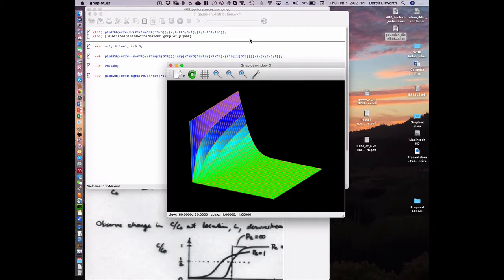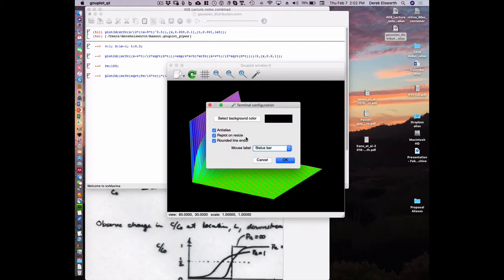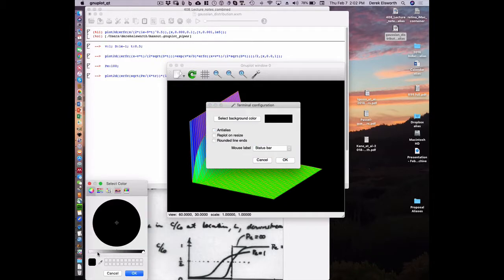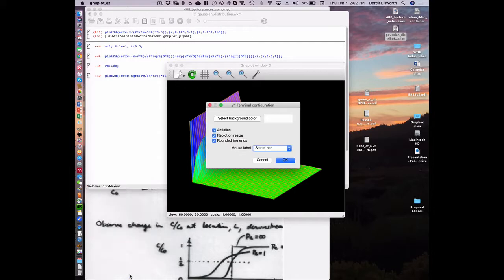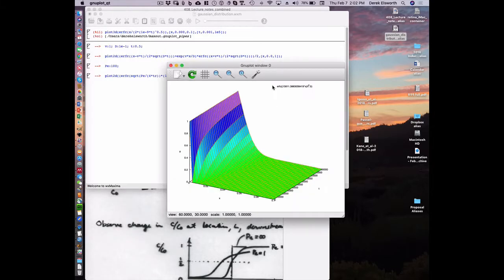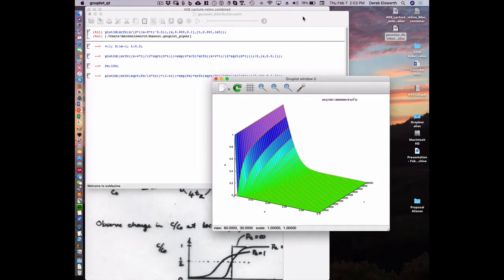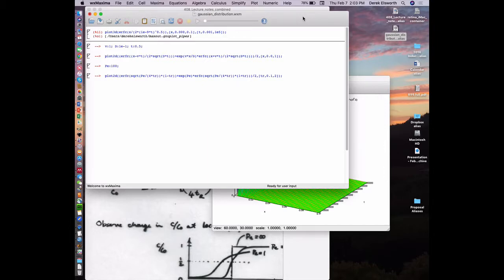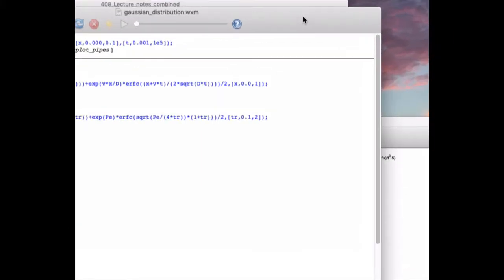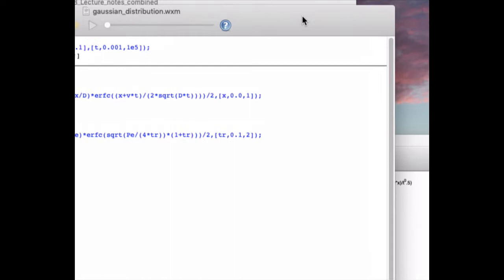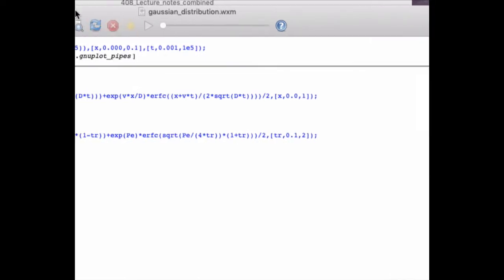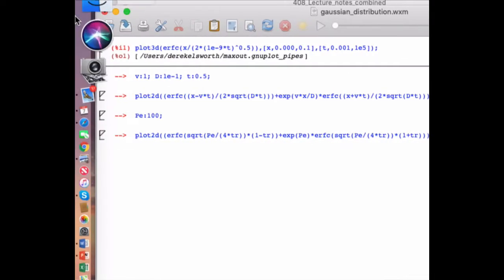Let me not worry about that. Actually, let me change the settings so that the background color is something different. Let's see if this happens. Well, it does do it on here. Okay. I used that on another projector the other day, and it didn't work at all. It did on my screen, but not on the projector.